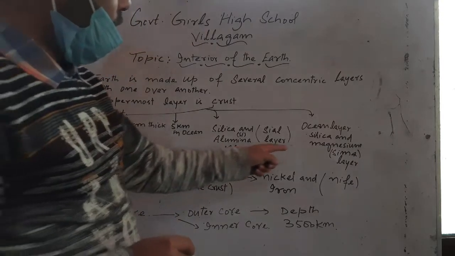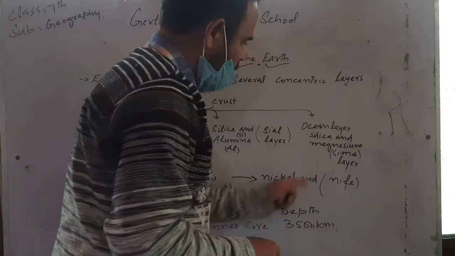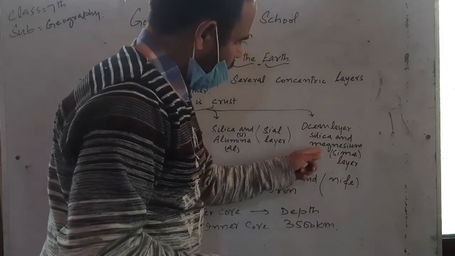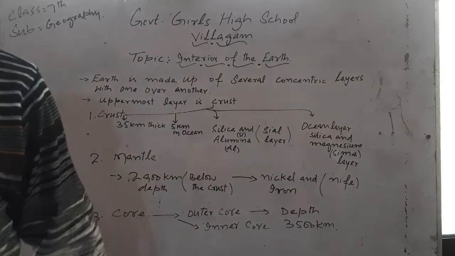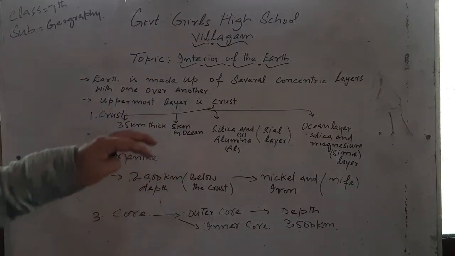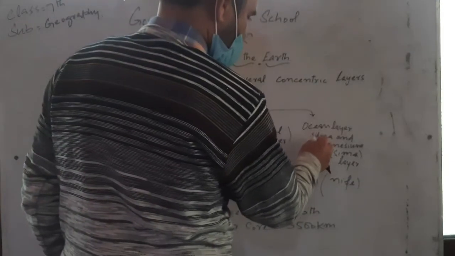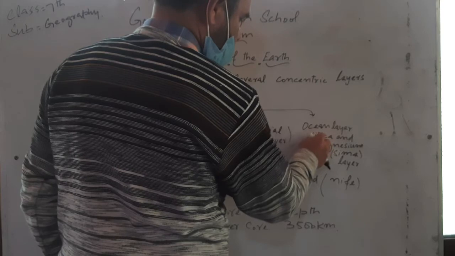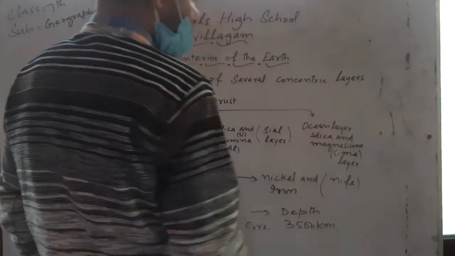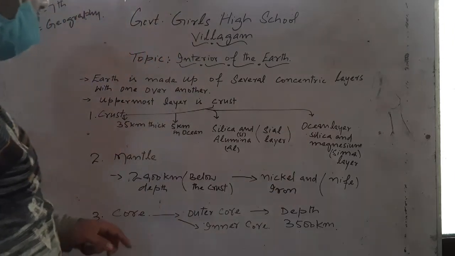It forms the same, but here it is the first two alphabets of silica and the first two alphabets of magnesium, so it forms the symbol here. So it does not depend upon the formula or symbols of magnesium and silica, it depends upon the first two alphabets.